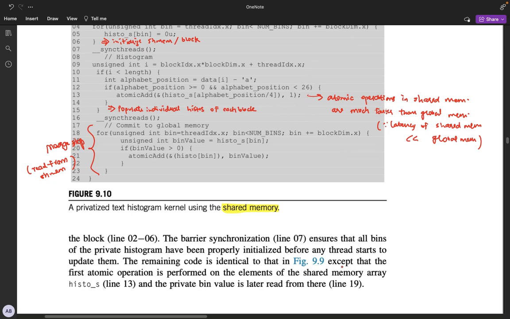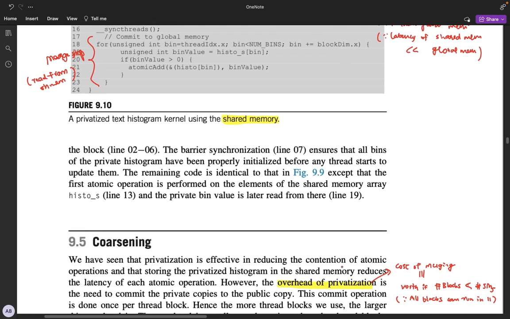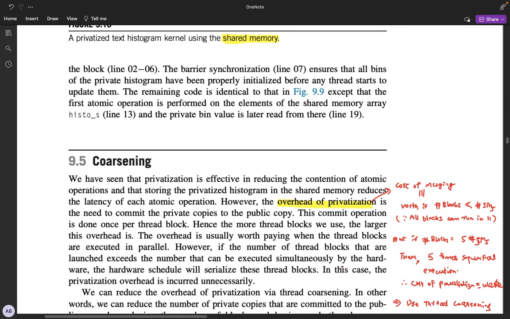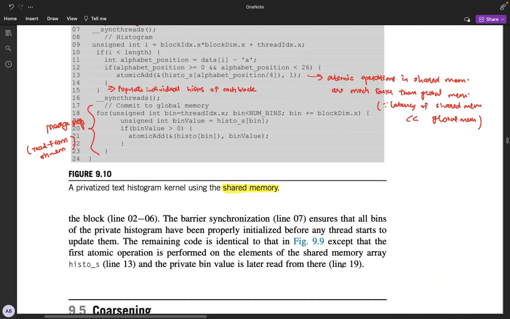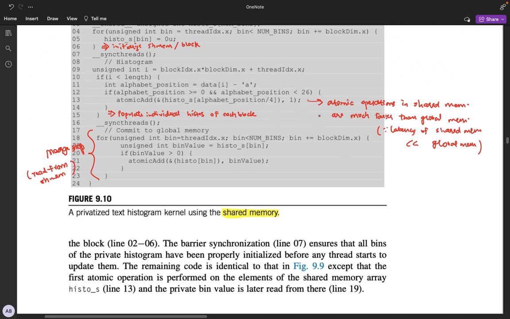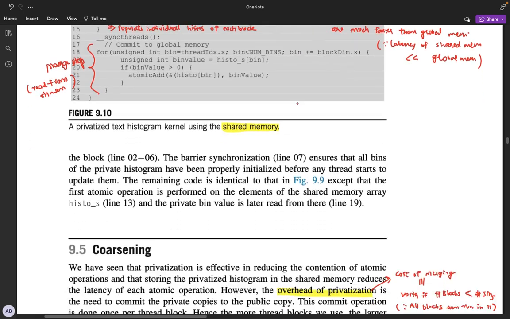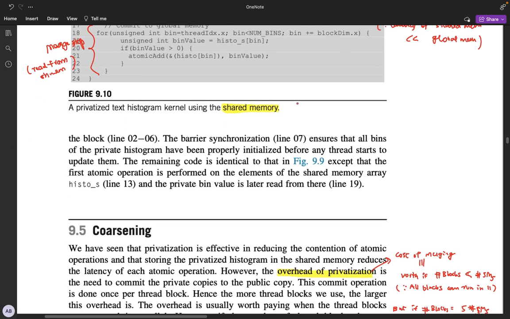Okay. Now another optimization that can be done on top of this. We see that in the merging step, or when we are defining the atomic adds for the histogram of each block separately, what if the number of blocks is more than the number of SMs?